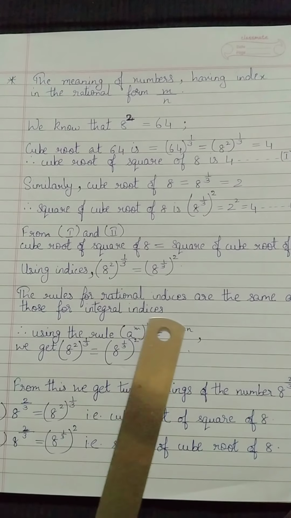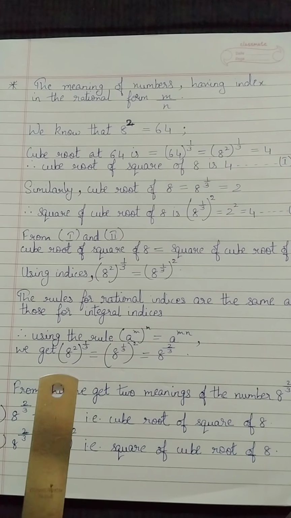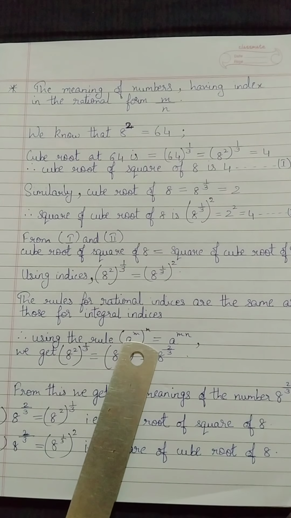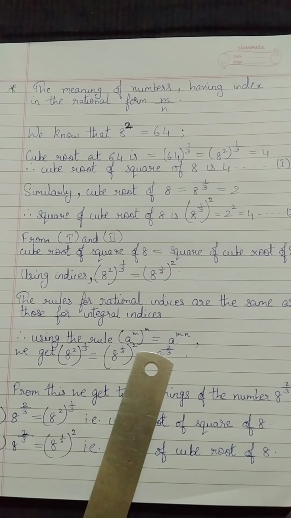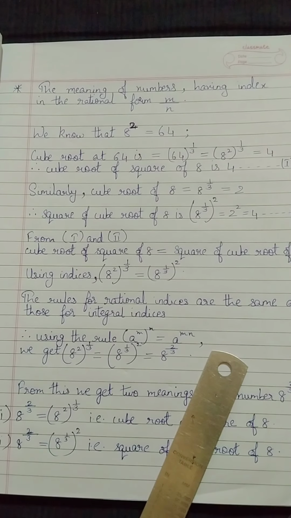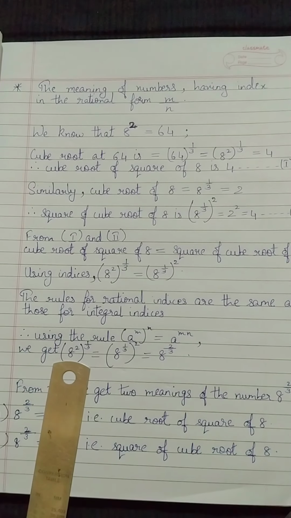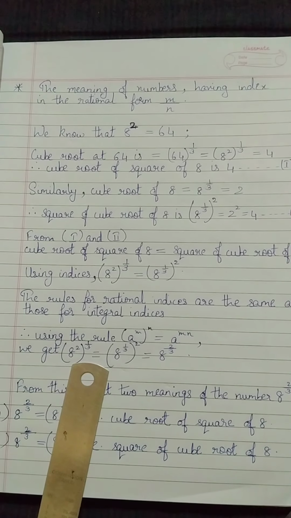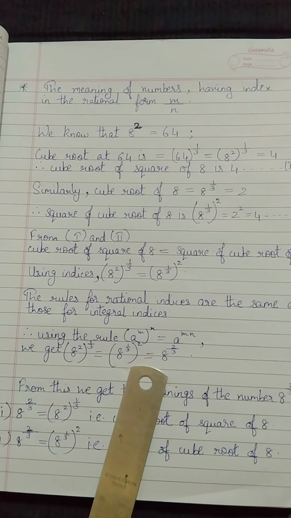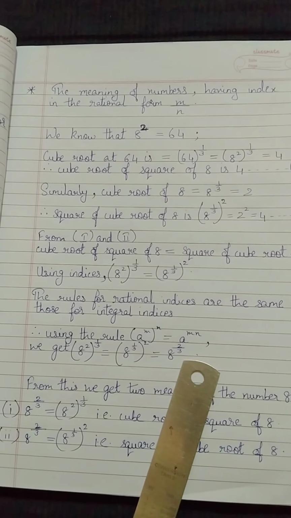The rules for rational indices are the same as those for integral indices. Using the rule (a raised to m) raised to n is equal to a raised to mn, we get 8 raised to 2 times 1 upon 3 is equal to (8 raised to 1 upon 3) raised to 2, is equal to 8 raised to 2 upon 3.